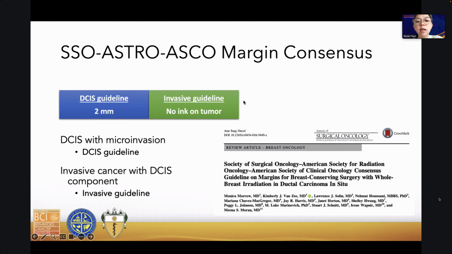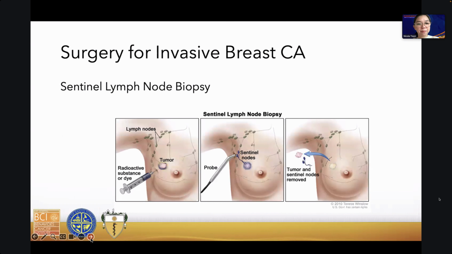Also very important, these are margin guidelines for breast conserving surgery. So if you're doing a mastectomy, then every effort must be made to do adequate surgery and not have inadequate margins, because this might be an indication for radiation therapy when the patient had no other indications at the outset. So it's important to do your surgery properly.